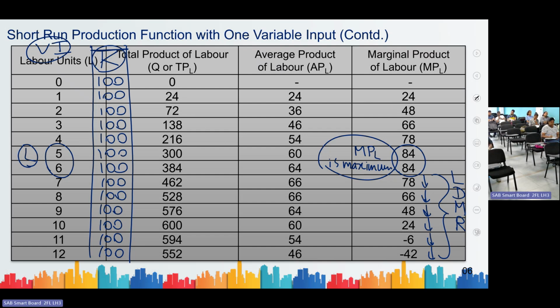To repeat my example again, when there is a garment factory employing 10 machines, they can optimally utilize 10 machines with only 10 workers, 10 operators.